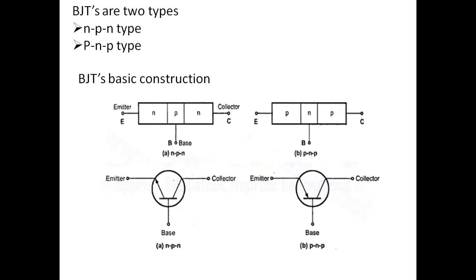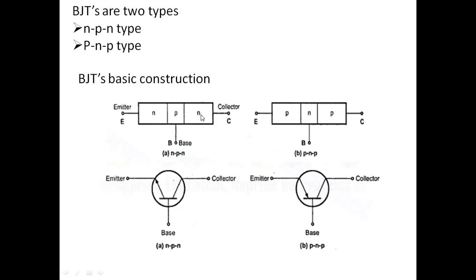Like that, P type and N type materials are taken and joined. For construction of the NPN transistor, take the P type material and on both sides of it attach the N type material.